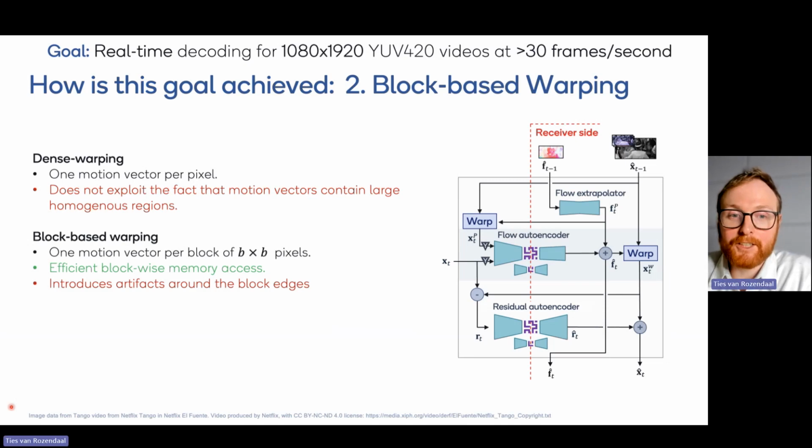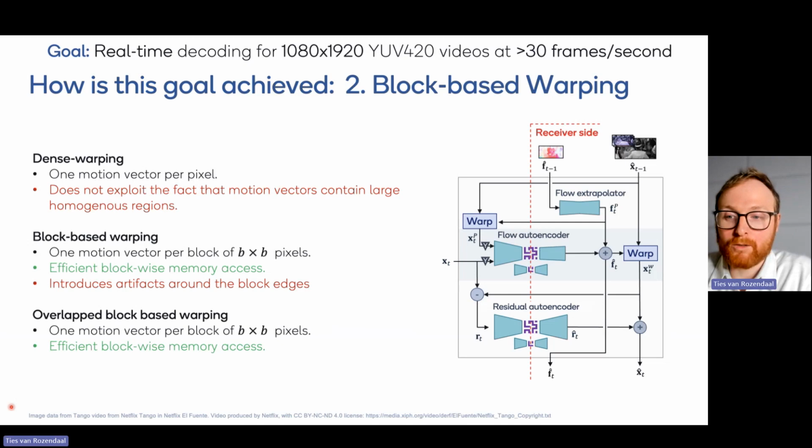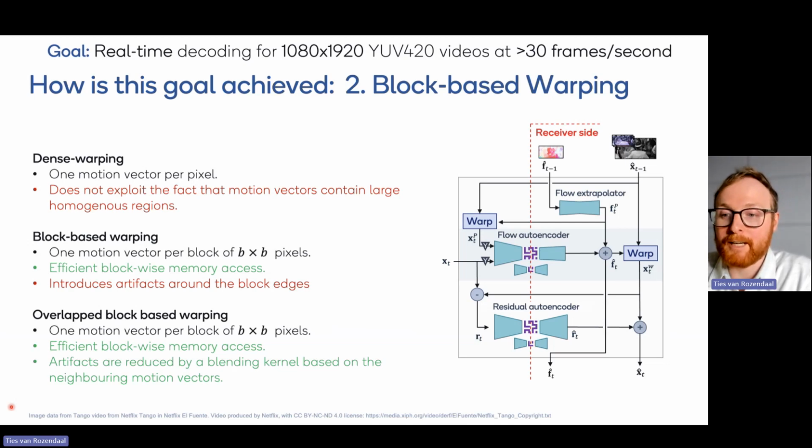This benefits from efficient blockwise memory access, but can have the downside of visual artifacts, especially around the block edges. Overlapped block-based warping tries to solve this issue. It is still a block-based warping method with all its benefits, but the artifacts are reduced by using a smoothing kernel based on the neighboring motion vectors.